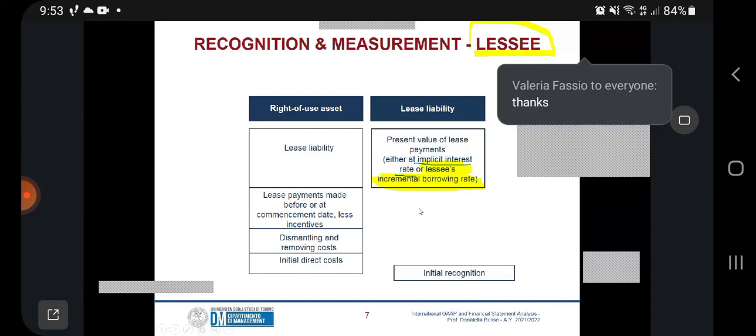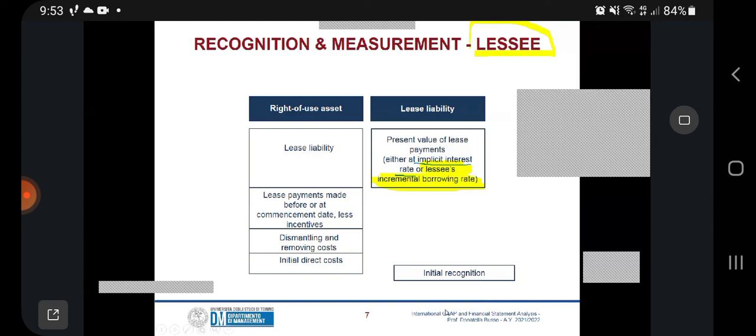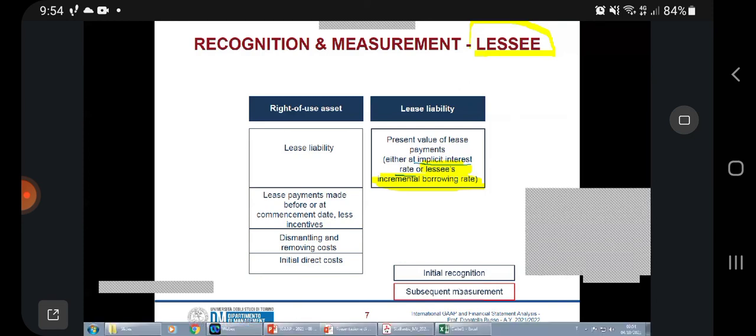Okay, now, this is the initial recognition at 1st of January. But then, we need to understand what to do at the end of the reporting period, that is, the subsequent measurement. Once recognized, the right of use asset and the lease liability have two different subsequent measurements.